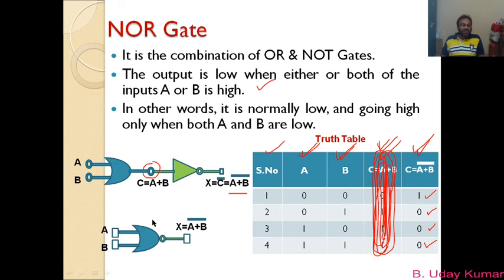Okay, so this is the OR gate, and this NOT is represented by this circle here. Okay, so can you see this circle? So this circle shows that there is a NOT gate here. So OR plus NOT, so remember this is the OR gate, and NOT is ending with a circle here. Okay, when you combine them, this is what we get, and this we call the NOR gate.